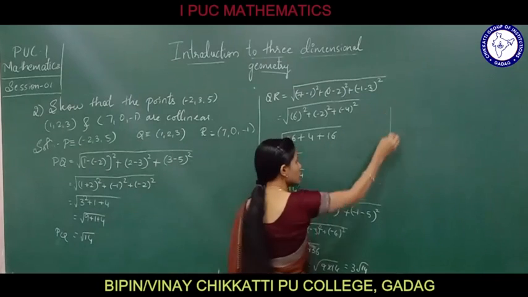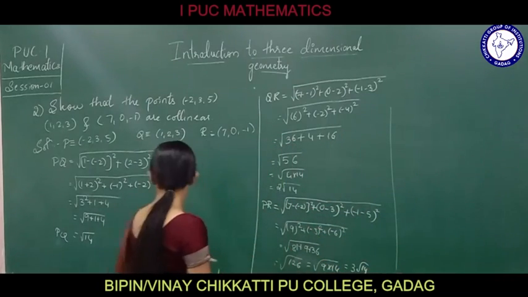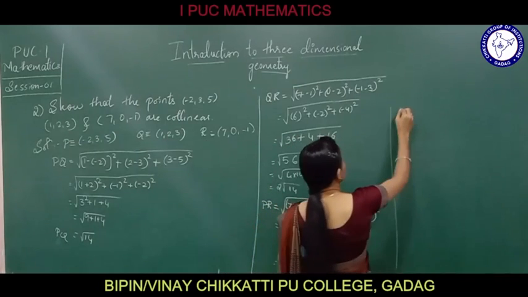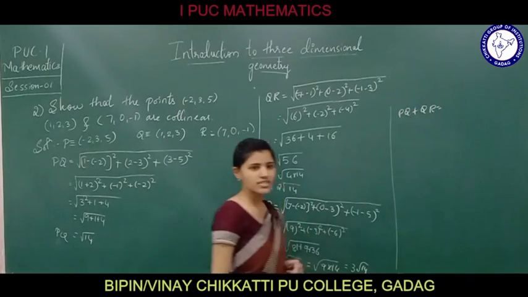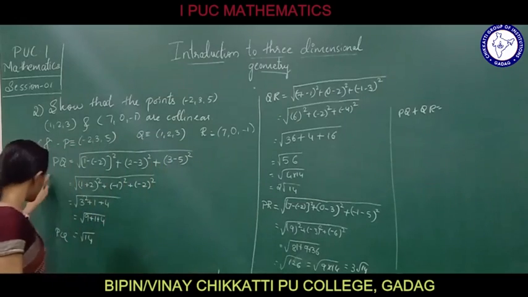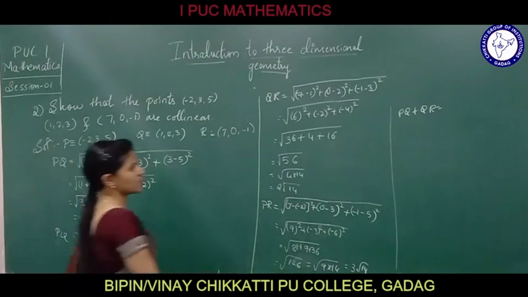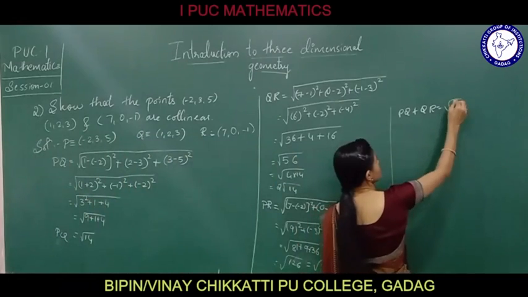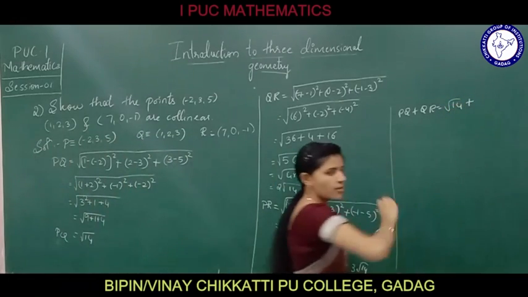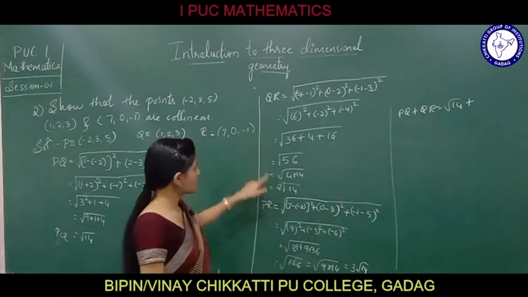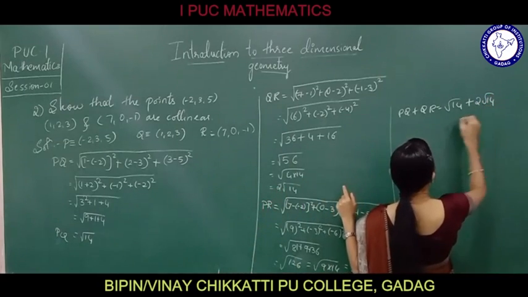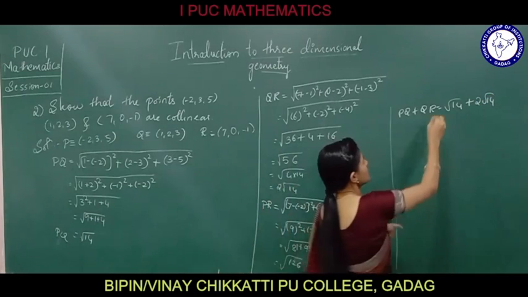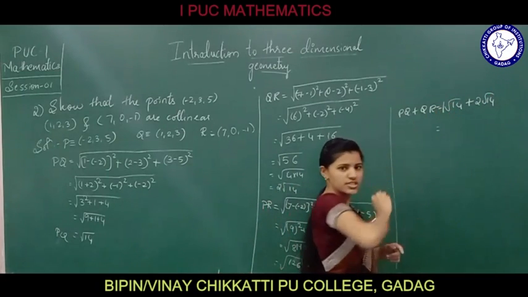So now I am going to write PQ plus QR. I got PQ as root 14, plus what about QR? QR is 2 root 14, where PQ has coefficient 1.